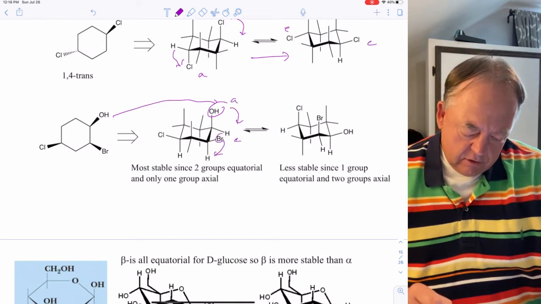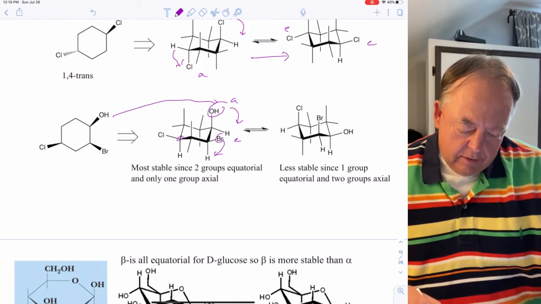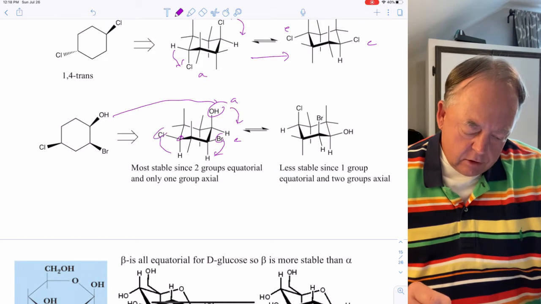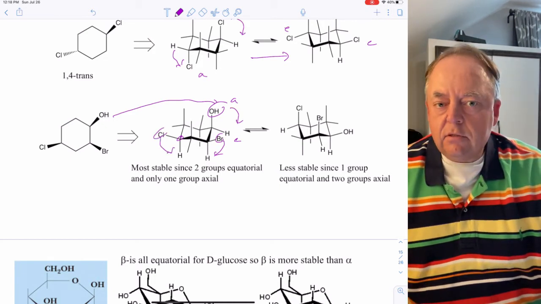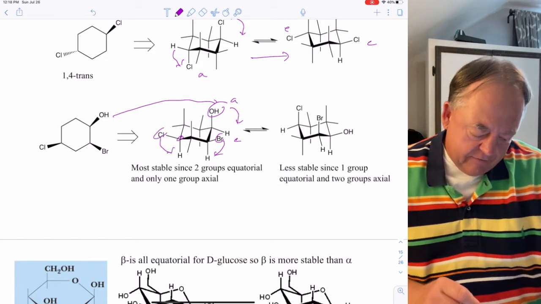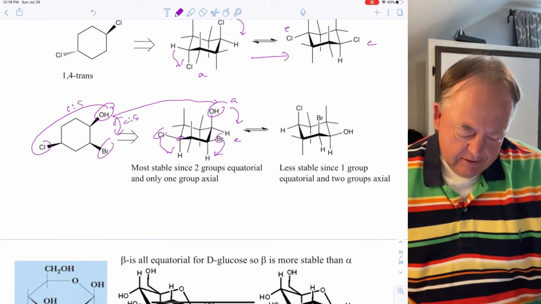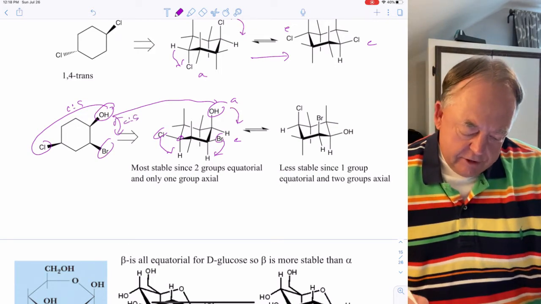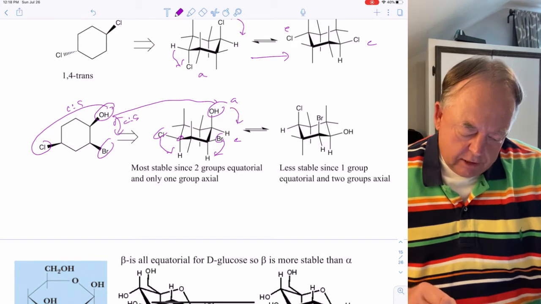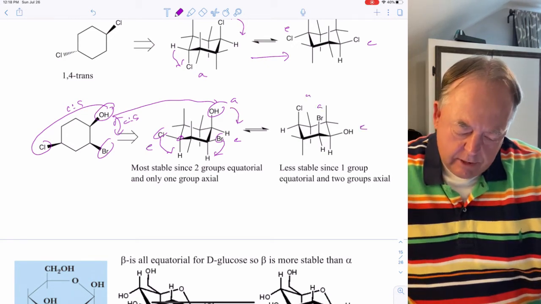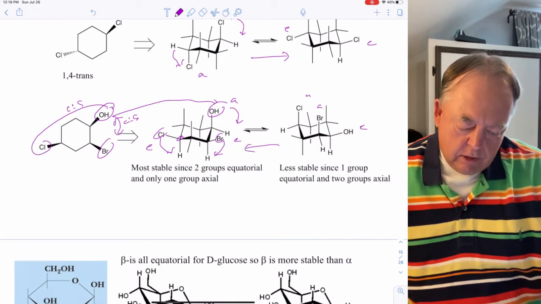And then if you go to the 4th position, if OH is on top of hydrogen, then chlorine has to be on top of hydrogen. That way they are cis, right? Since they have to be cis here. So with respect to each other, they're cis and cis. So that would give you this conformation where one group is axial and 2 are equatorial, or if it did a chair flip, then 2 would be axial and 1 would be equatorial, and the equilibrium would favor this, right?